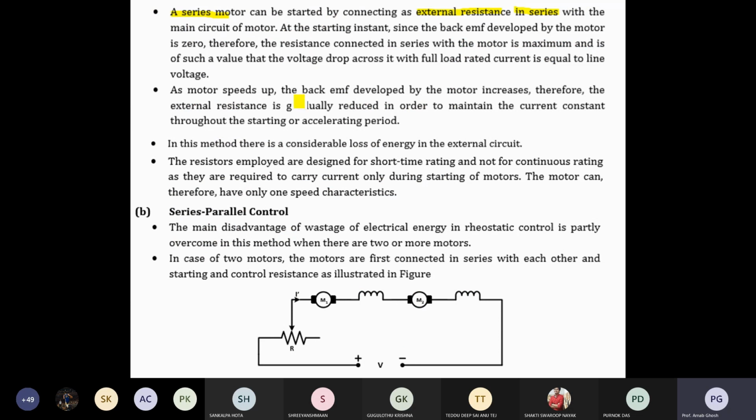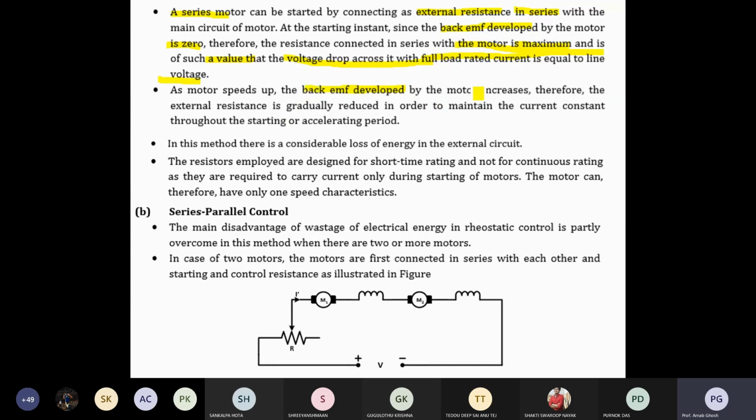At the starting instant, since the back EMF developed by the motor is 0, the resistance connected in series with the motor is the maximum, and it is of such a value that the voltage drop across it with the full load rated current is equal to the voltage. I think you are able to understand. As the motor speeds up, the back EMF develops, and then you can reduce the series resistance.